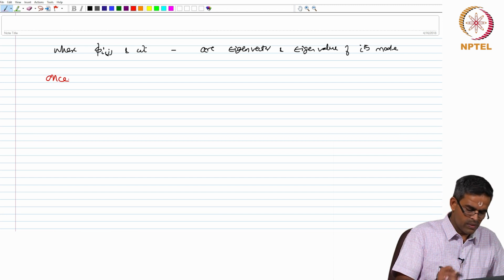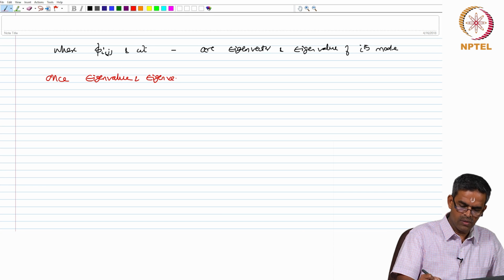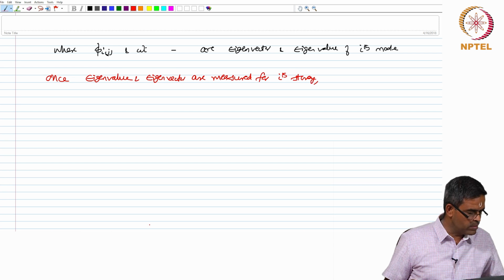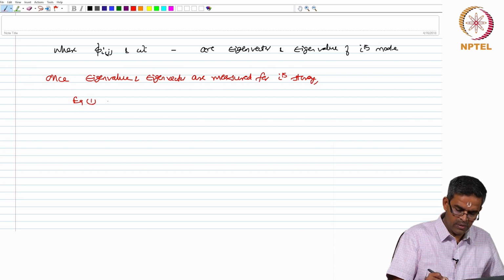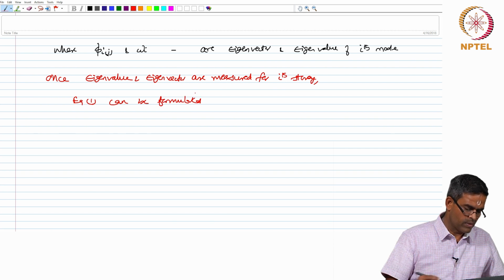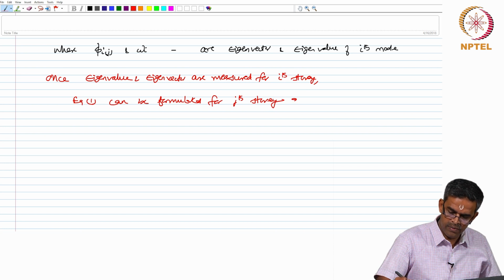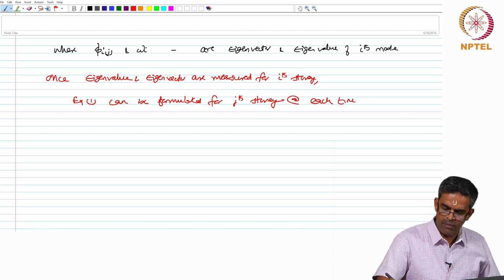Once the eigenvector and eigenvalue are measured for ith story, equation 1 can be formulated for jth story at each time interval.